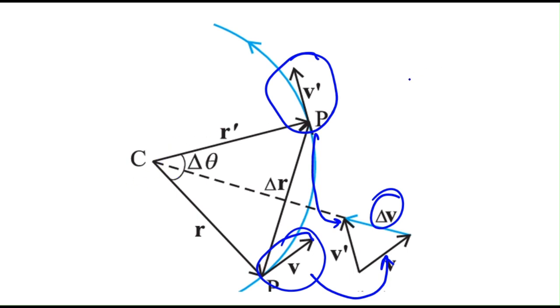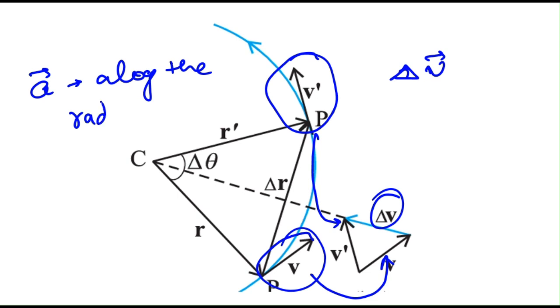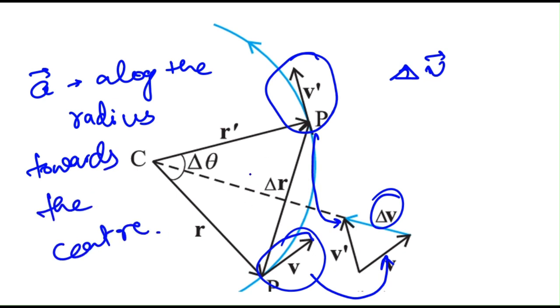So the direction of delta V is towards the center. It means the direction of acceleration should be towards the center of this circular track, along the radius, or radially towards the center of this circular path.